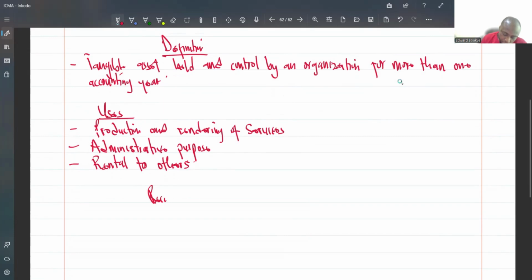So the recognition criteria is talking about cost being measured. Let's say the cost can be measured reliably.